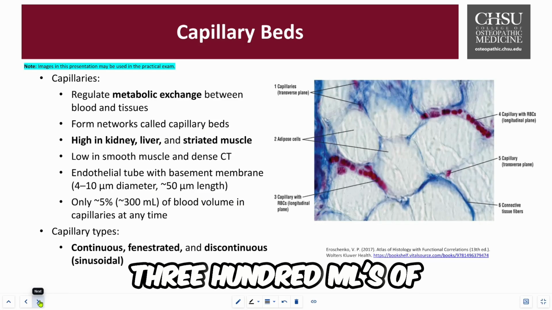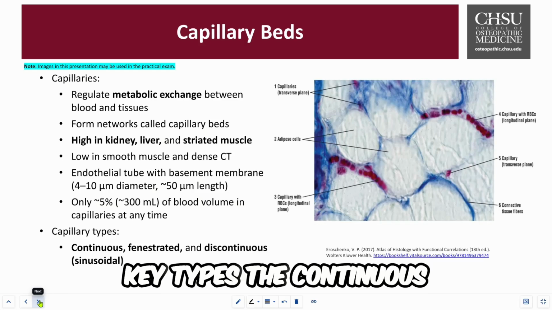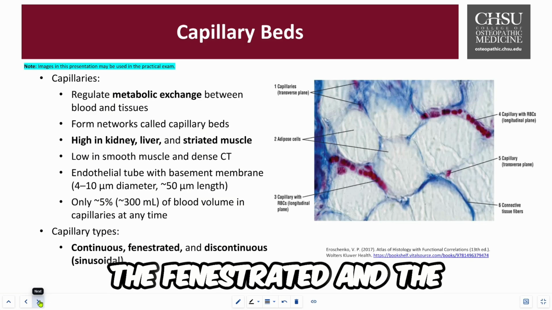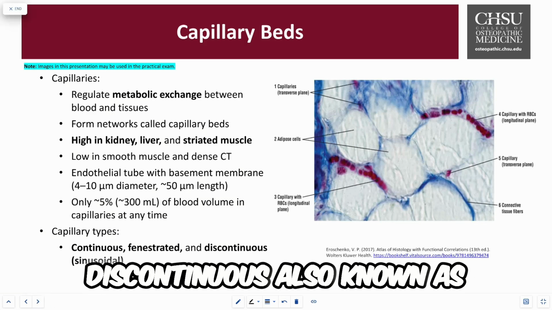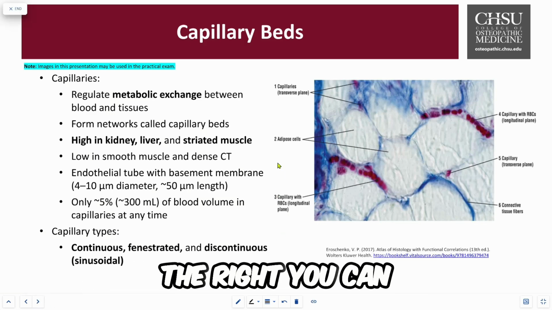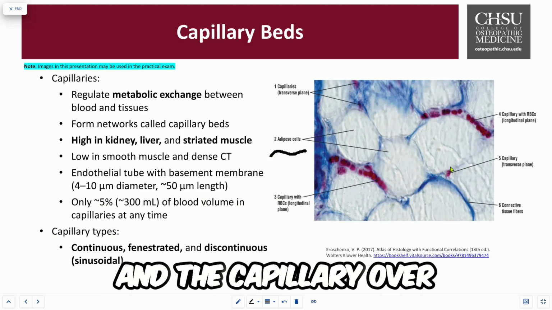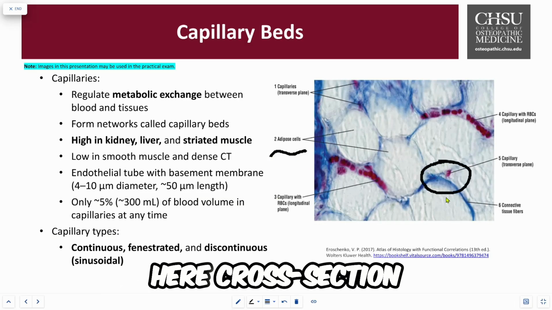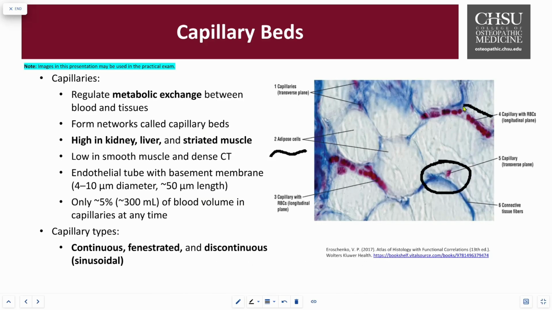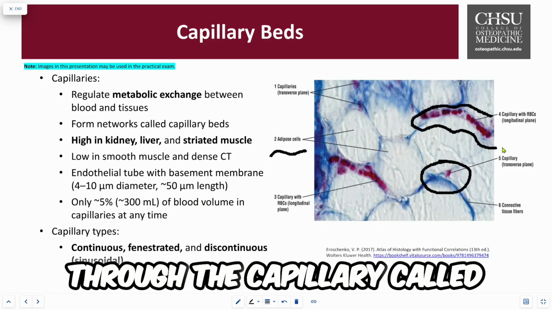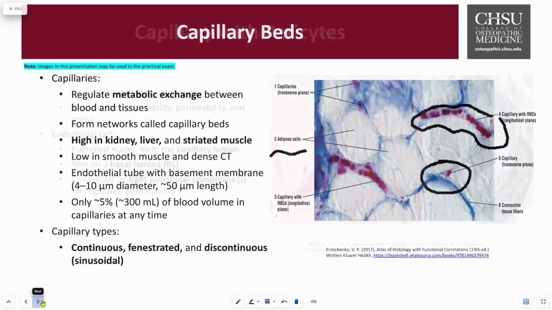This equates to about 300 mLs of blood. There are three key types: the continuous, the fenestrated, and the discontinuous, also known as sinusoidal. Over here on the right, you can see the adipose tissue and the capillary in cross-section. And then you can see some of the red blood cells actually flowing through the capillary lumen.